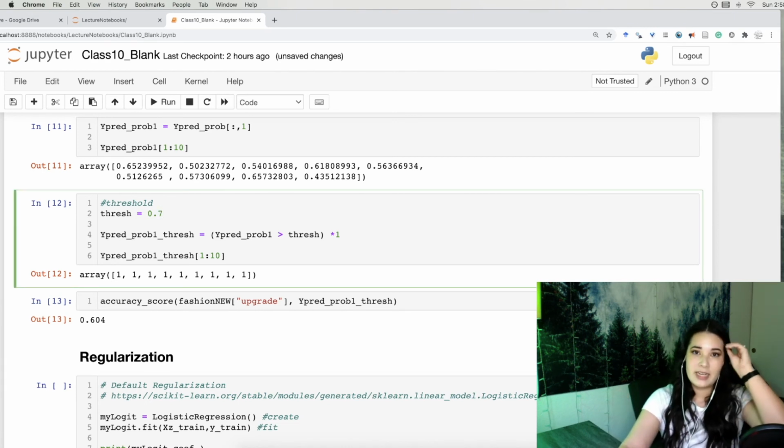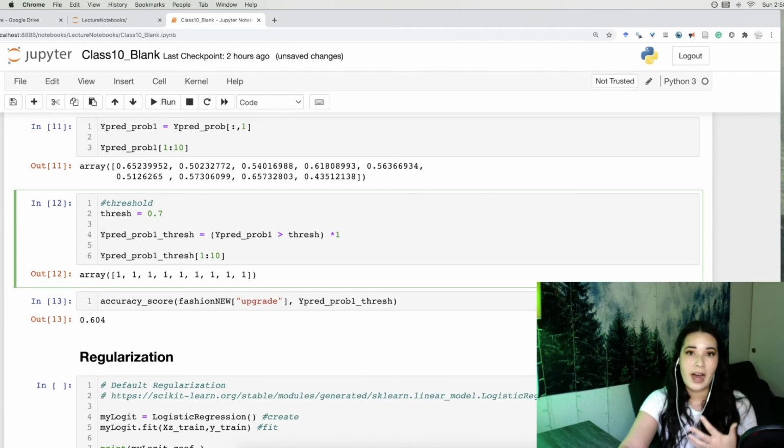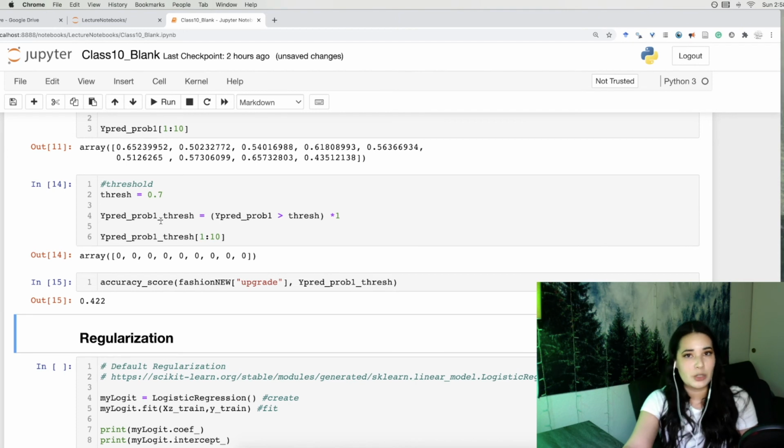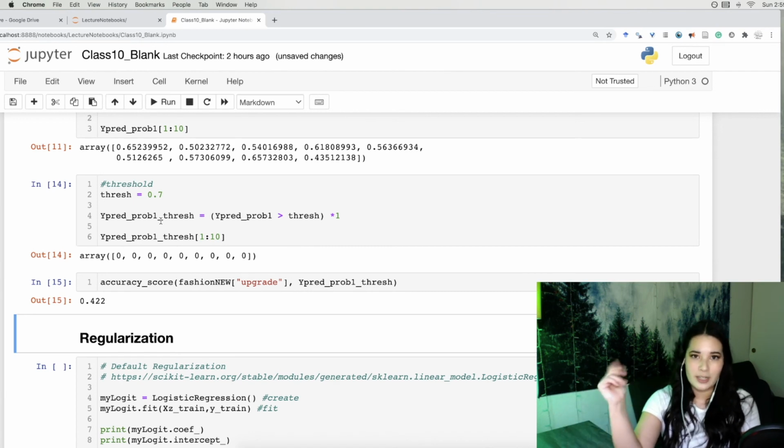This basically indicates that we have to have a very high predicted probability before we'll actually classify someone or something as positive. We could run that, grab our accuracy score. In this case, it's 42.2%, so it didn't do that well, but in a case where we want to be careful about classifying things as positive, sometimes raising the threshold is the correct thing to do.